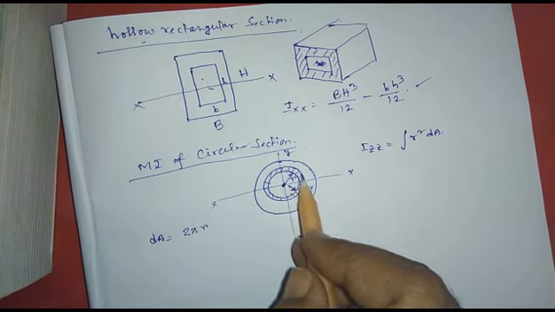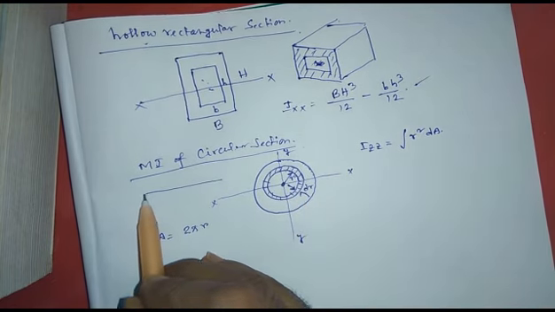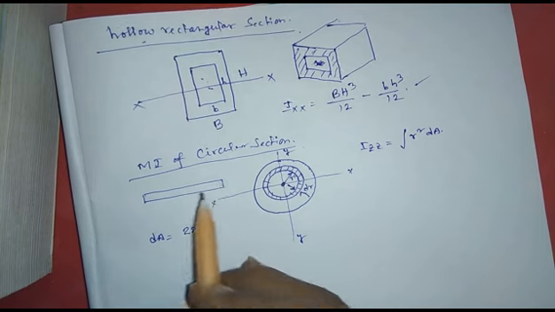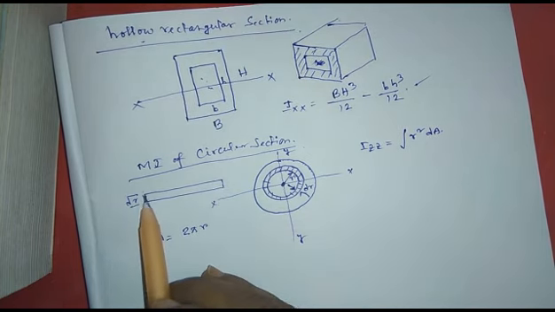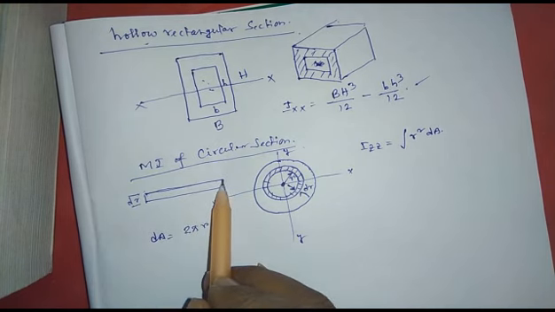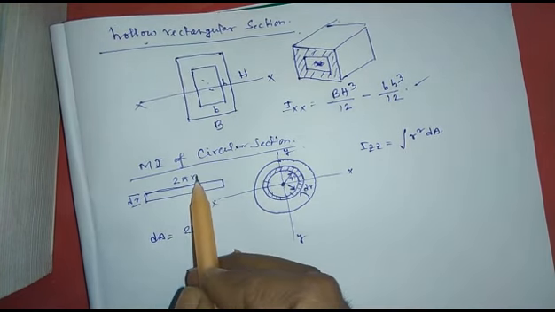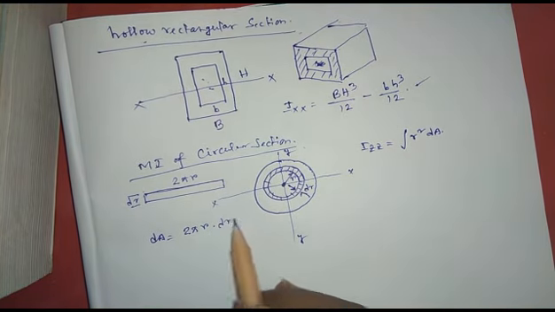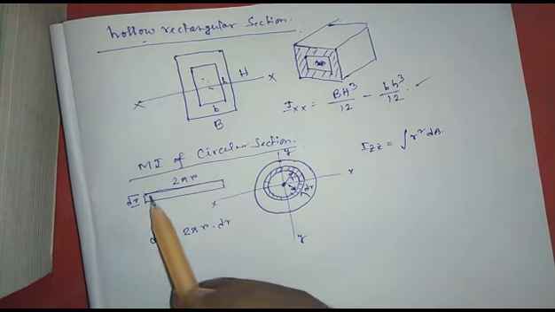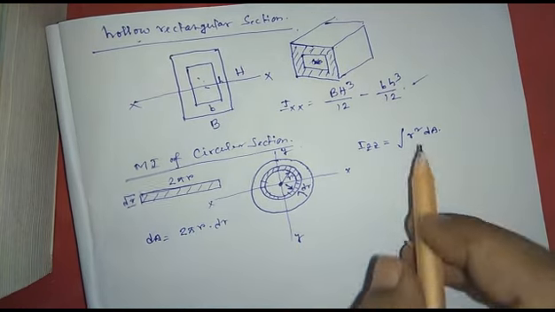Basically I am opening this up. This will look like this one. This width is dr. And what is the length of this? This is the perimeter of this circle, 2 pi r. So 2 pi r into dr is basically the area of this element.